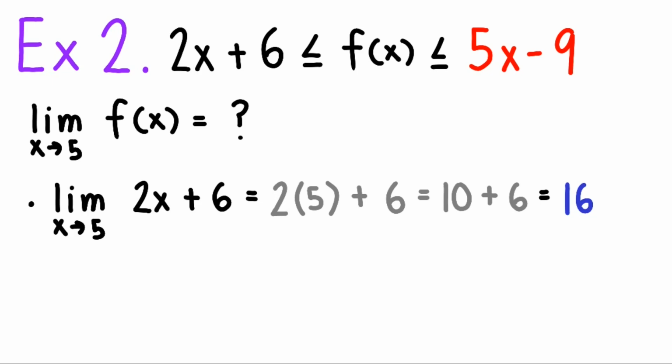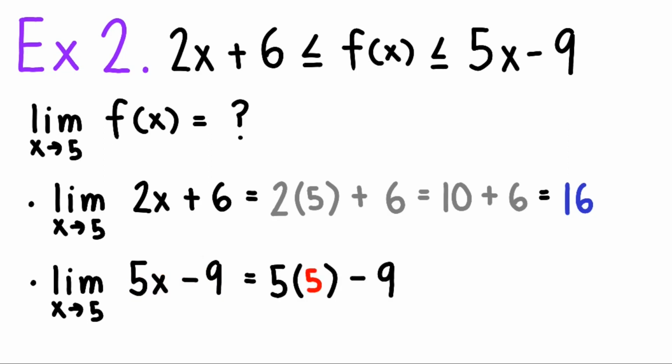Moving on to the limit of the one to the right of f. We'll have the limit of 5x minus 9 as x approaches 5. This is just a polynomial, so we can simply plug in 5 out here. So we'll have 5 times 5 minus 9. 5 times 5 is equal to 25. 25 minus 9 is equal to 16.